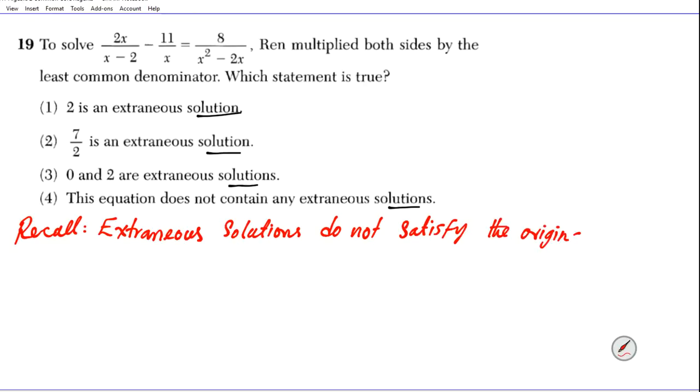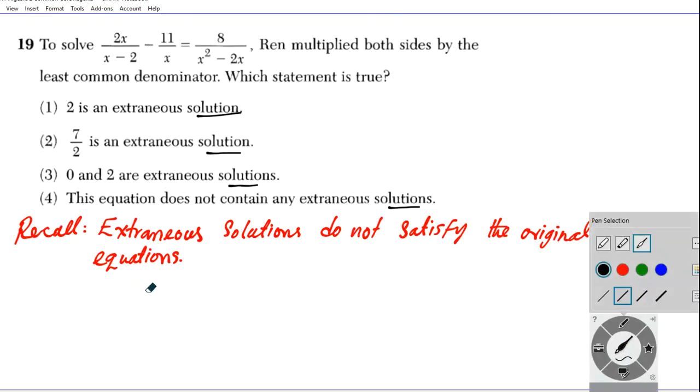Okay? So what does that tell you? Whenever you're solving rational equations, you always want to check your answers and eliminate extraneous solutions. Alright, so let's go ahead and solve this equation, and then we will test our answers to see which ones are actual solutions and which are extraneous.